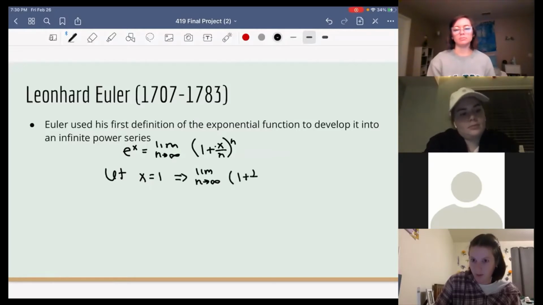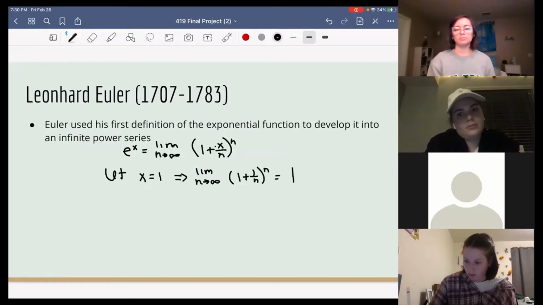1 plus 1 over n to the n power equaling 1 plus 1 over 1, and so on and so forth.